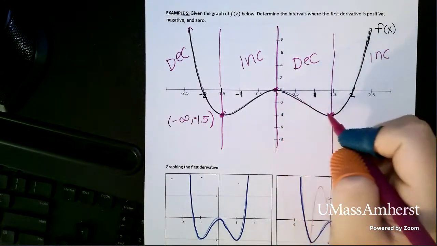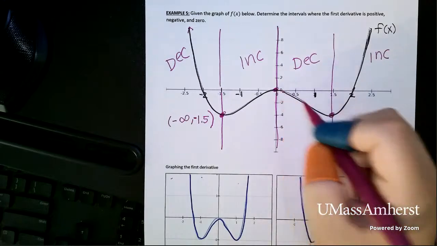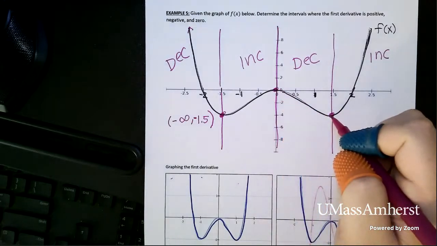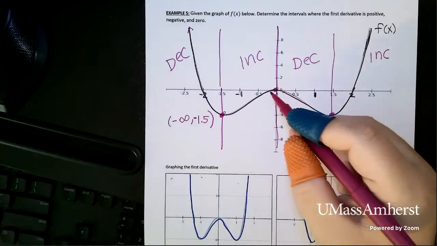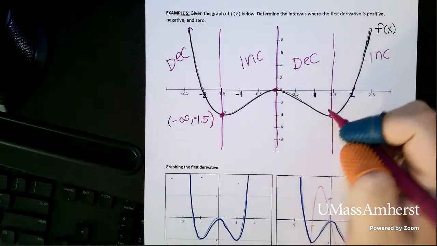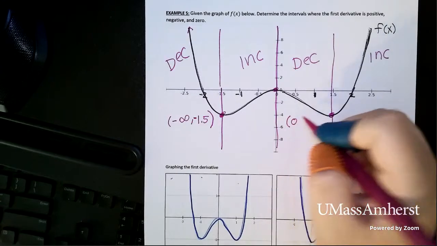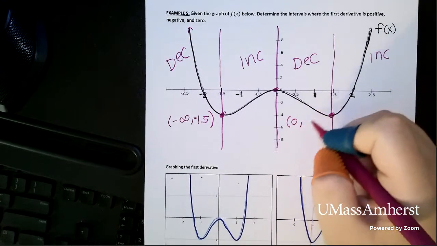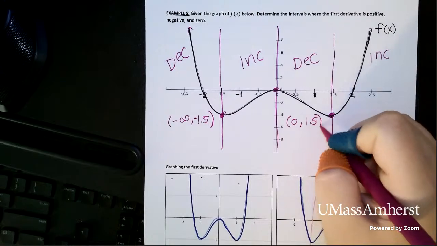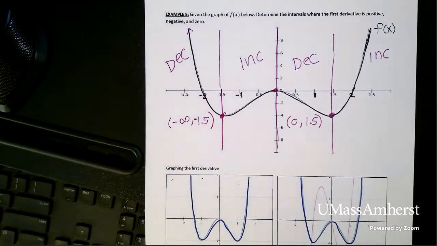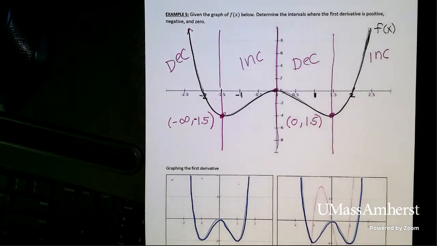And for the same reasons, I'm not going to include 0 and 1.5 as possible points where I'm decreasing, because I know at those points I'm constant. So I'm going to use the open interval notation to go 0 to positive 1.5. So that's where I'm decreasing. And we'll talk about how that relates to the derivative in a moment, but let's talk about increasing.